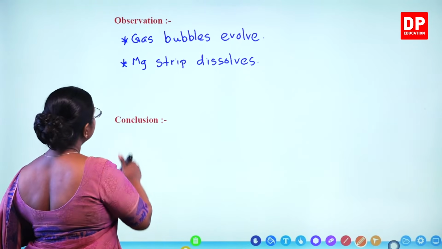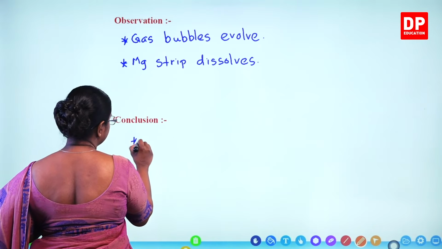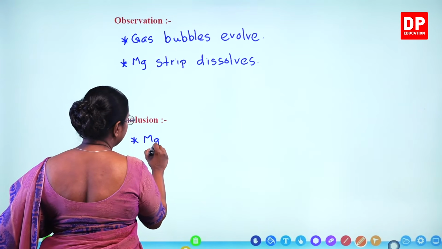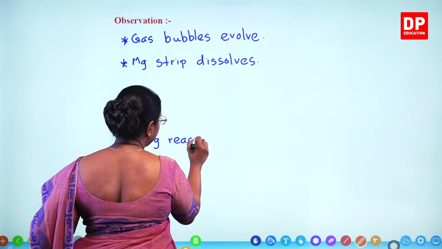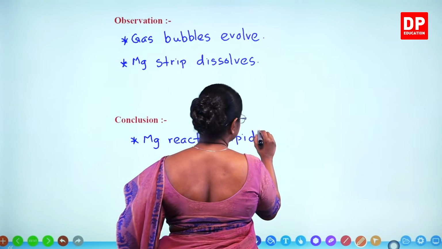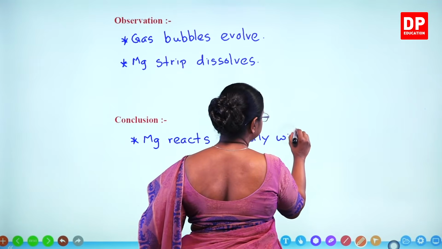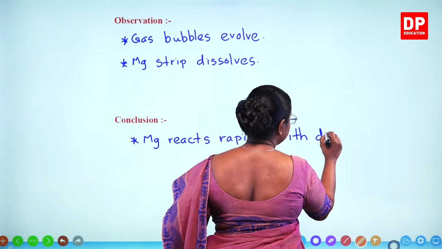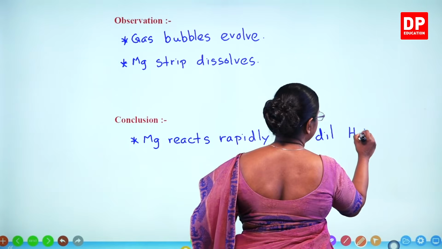So the conclusion of this activity is that magnesium reacts rapidly with dilute HCl.